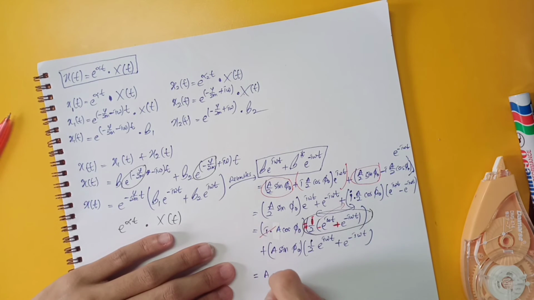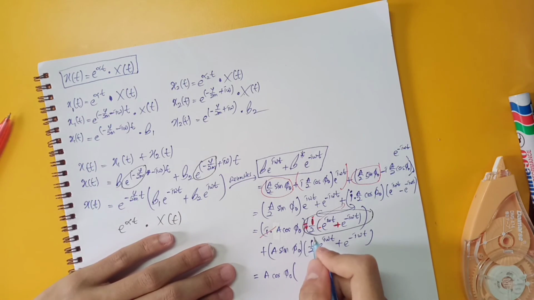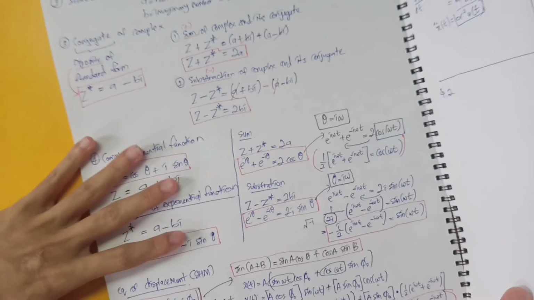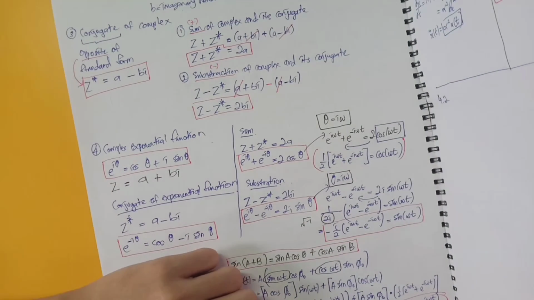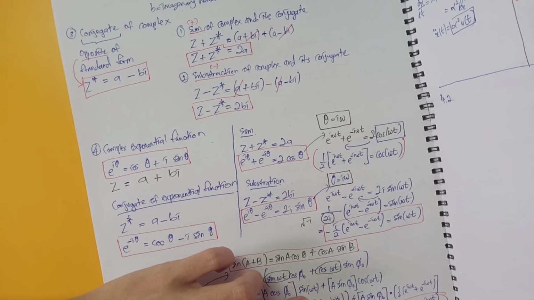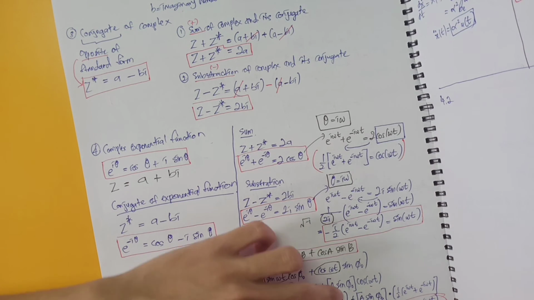So A cos phi naught times negative I over 2 multiplied with exponential power of I omega t minus exponential power of negative I omega t.